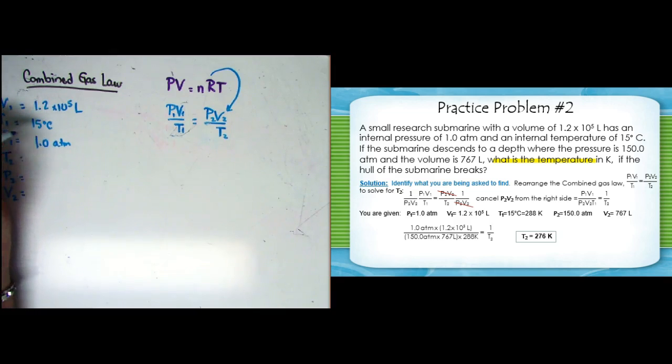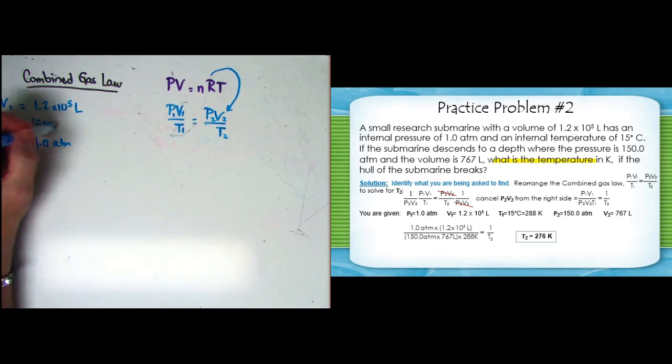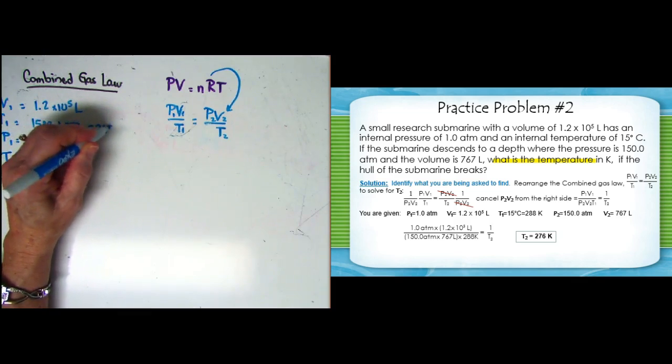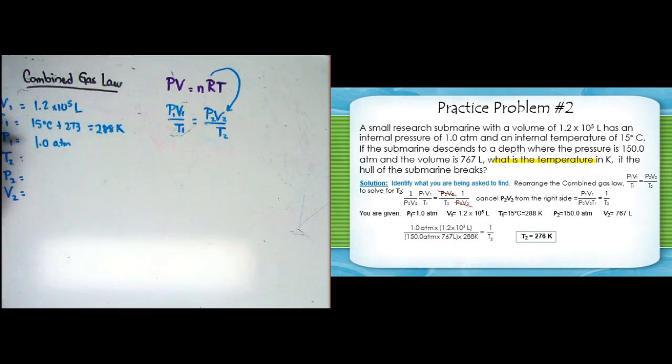So we have to take our 15 degrees Celsius and add 273 to it, and we're going to get 288 Kelvin.